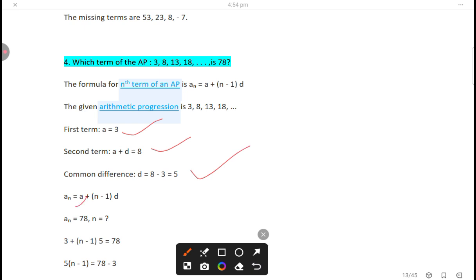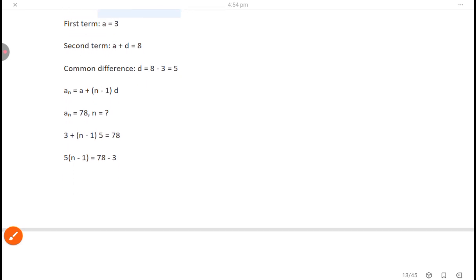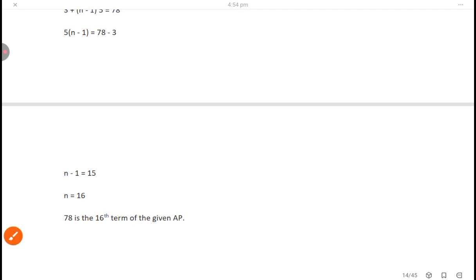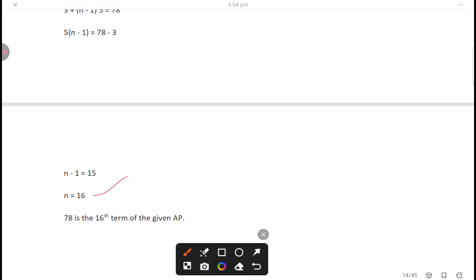So you know a, an, and the difference. You have to find n equal to how much? Which term is 78? So put all the information in the equation, you'll get n equal to 16. So 78 is the 16th term of the AP.